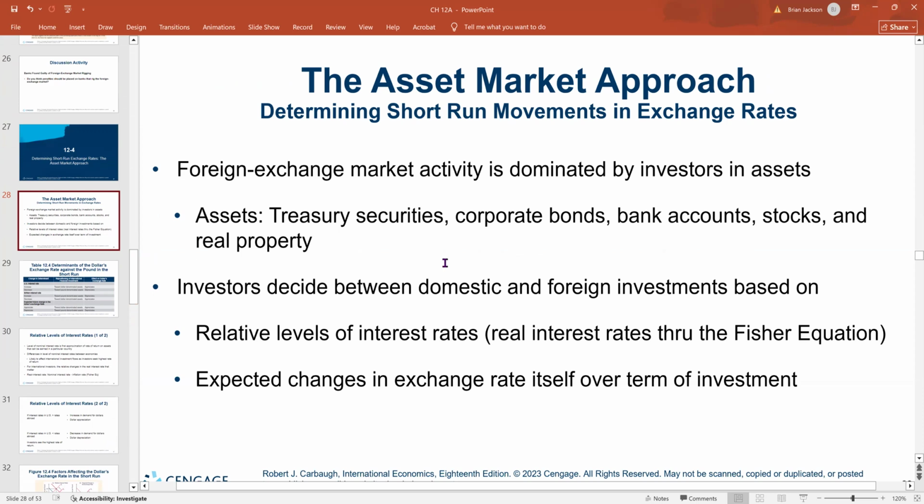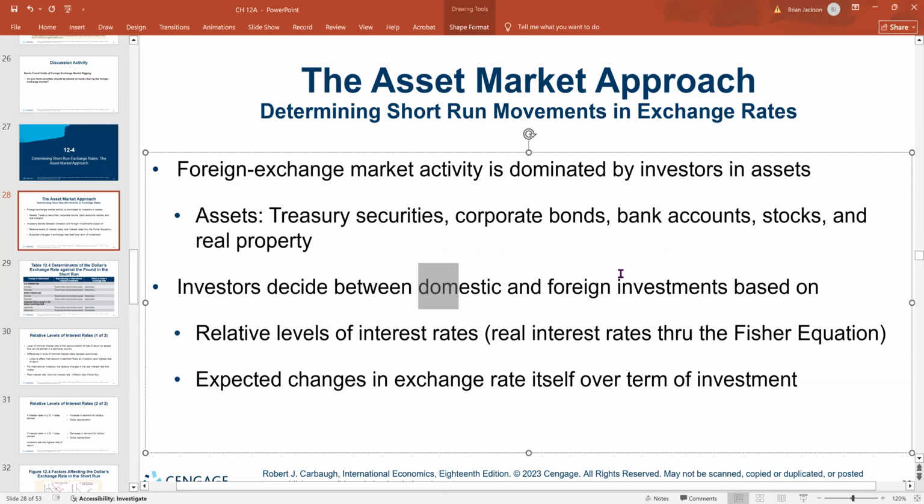In this case, we're chasing assets. Investors have to decide between domestic and foreign investments based upon two things primarily. First off, the relative levels of nominal interest rates. Those are the stated rates. Then we adjust those with inflation through what's called the Fisher equation.